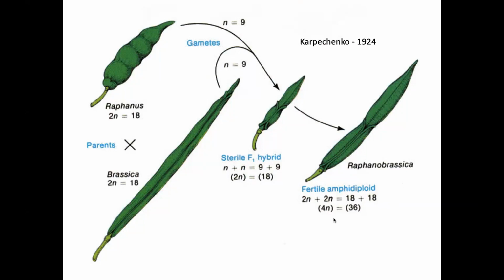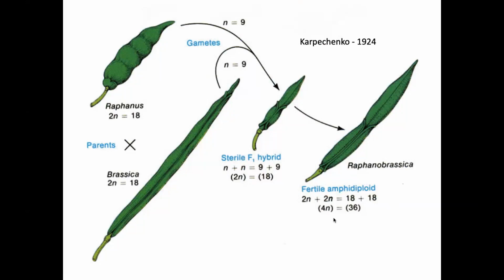In other words, the above ground portion of the plant looked like the radish, so pretty much just a bunch of leaves, and the below ground portion looked like broccoli, so just a root system. But in any event, what he was able to demonstrate through this experiment is that you can artificially create these allopolyploids.